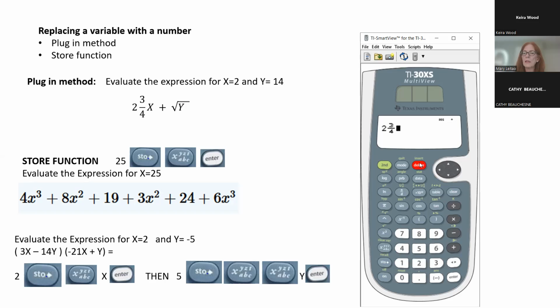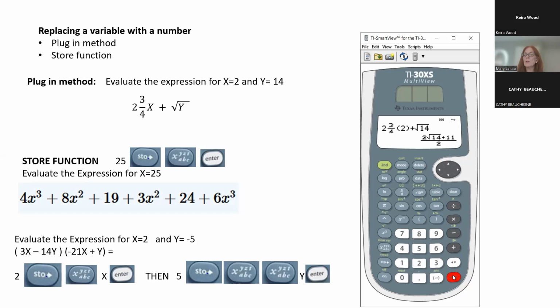I need to delete that and put that 2 in parentheses times 2, or I'll get an error message. Now I'll put in the plus sign, a square root sign, and the value of y in this problem was 14, which is a very weird number.